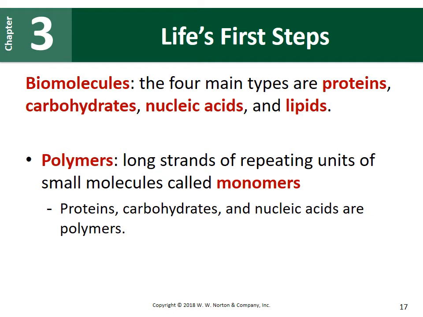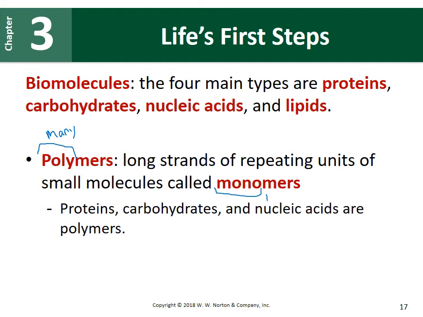So they are made up of repeating units of molecules called monomers. So one way to kind of think about this is that a monomer is a Lego block or a building block, and we put those monomers together to create the polymers. And mono is a prefix for one. Poly means many. So we take multiple monomers, hook them together to create a polymer, or many of those mers.